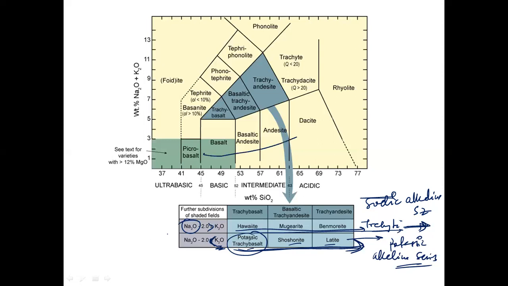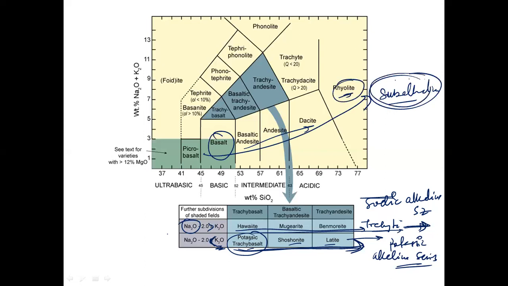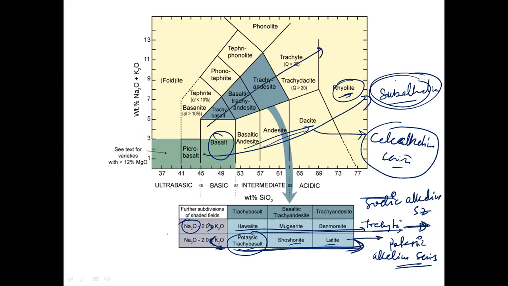सो ये बताइए इस सीरीज का नाम क्या होगा? This is subalkaline series, and basically this series from basalt to intermediate rocks and then felsic rhyolite within this is subalkaline magma series, but within subalkaline this series especially this is calc alkaline series. Okay, this is calc alkaline series, and this series is your both sodic and potassic alkaline series.